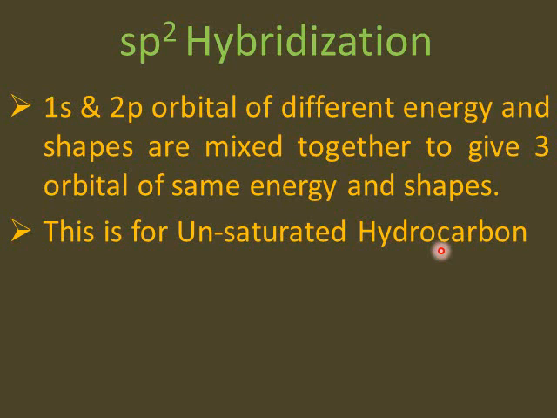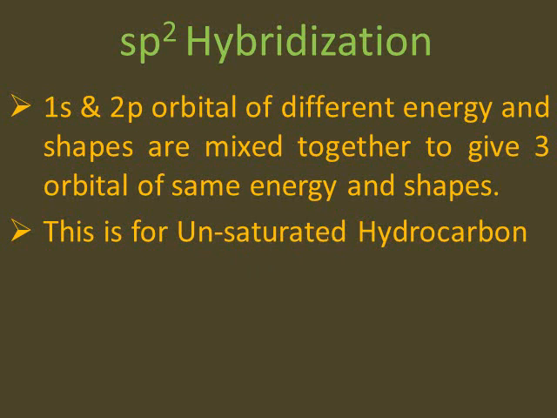And this unsaturation comes because of 1 orbital which is left behind, and that is pz. We can say that s, px and py take part in hybridization, while pz is left behind, and that pz will join together to give unsaturation.